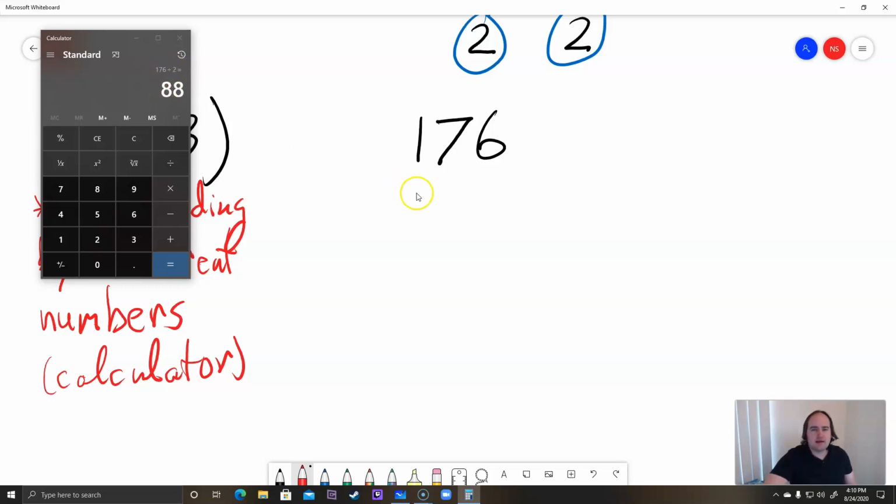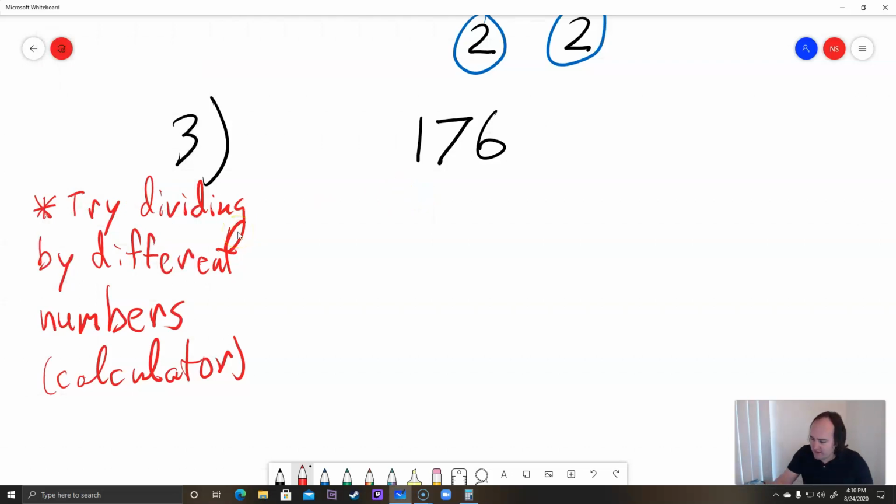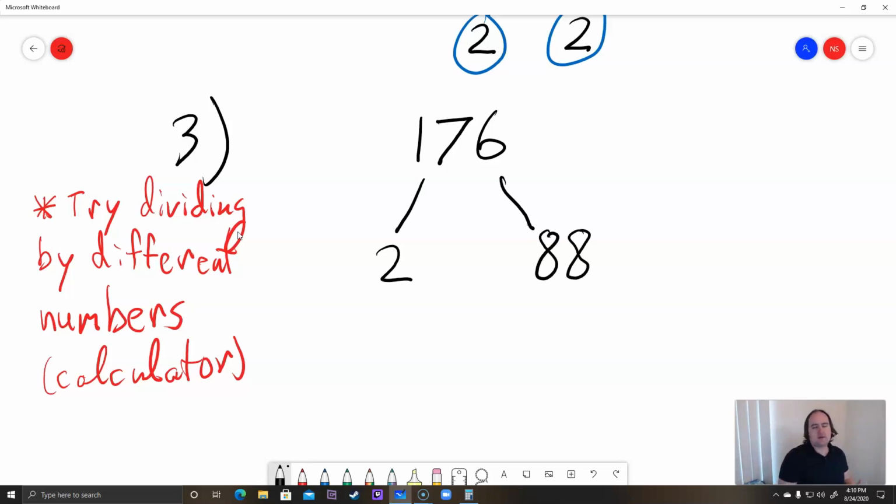So plugging that in, I've actually started to factor 176. So it's going to factor as 2 times 88. Even though it wasn't in my times tables, I just tried dividing by 2 and I saw that it gave me 88, so that means 176 is 2 times 88.